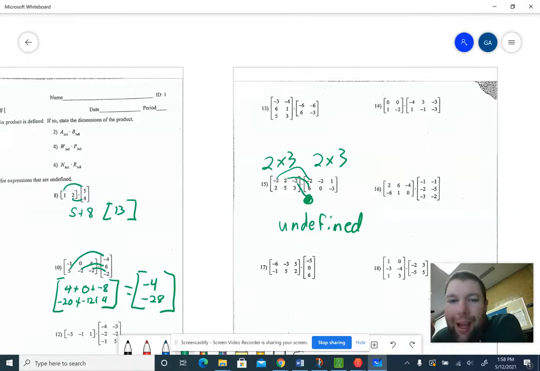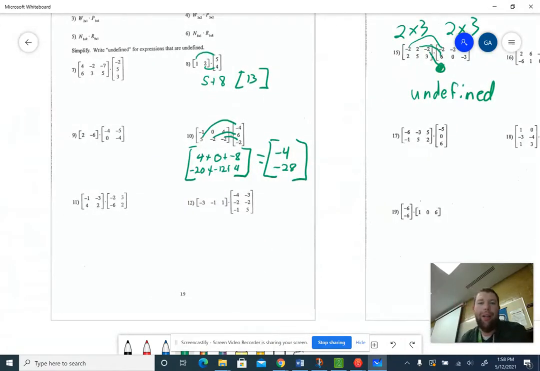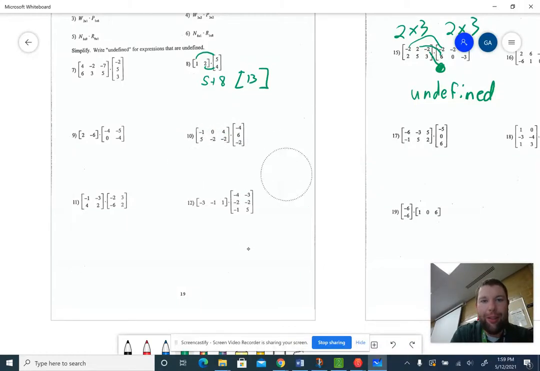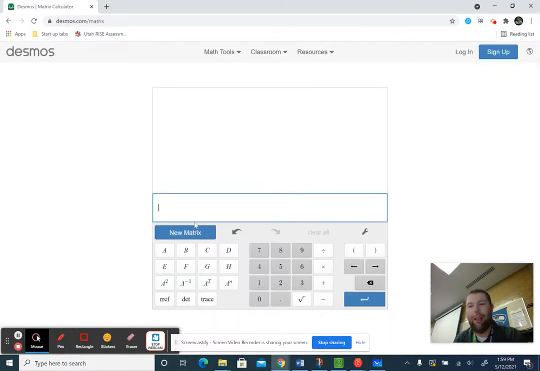Okay. Now, this is how you do it by hand. Obviously, I'm going to let you guys use the calculator. So I got negative 4, negative 28. Let's see if I did my work right. So let's plug in number 10 into our Desmos calculator. Again, the link for this is going to be on the module, but let's plug it in.